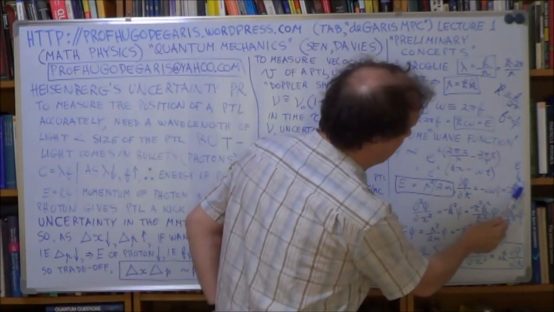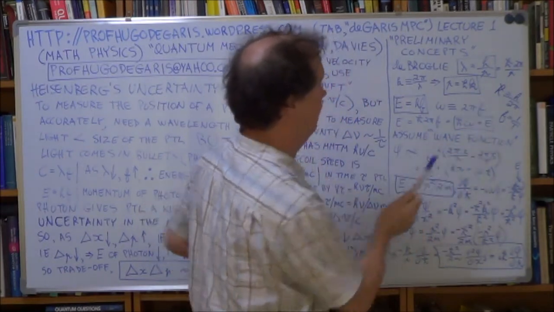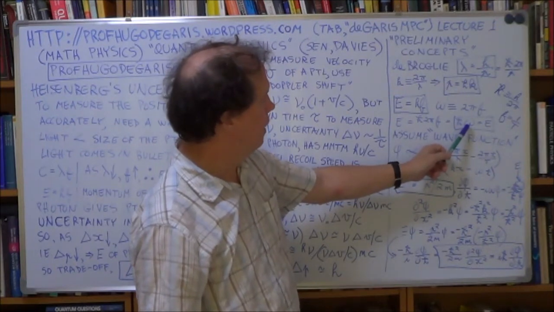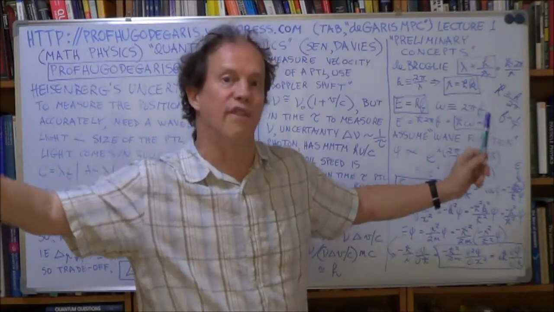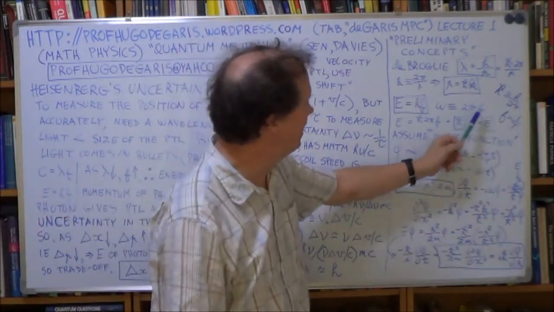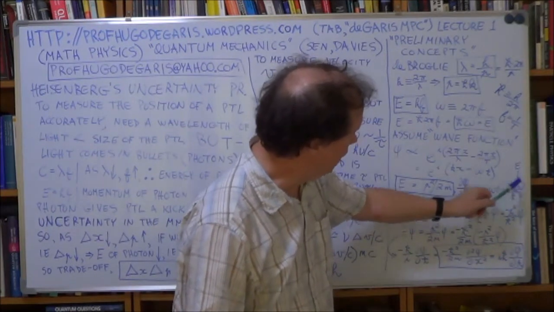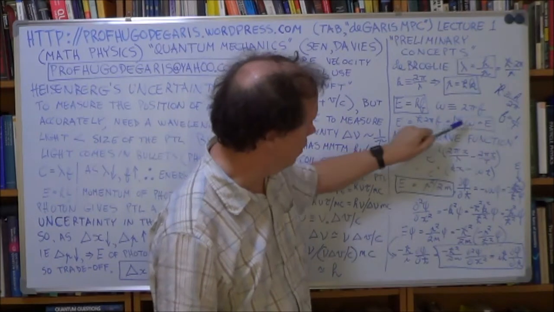But now I've got h bar omega here, which is here. This omega is some kind of frequency of a particle's wave, whatever that means. So instead of h bar omega, I can substitute E, using this equation.